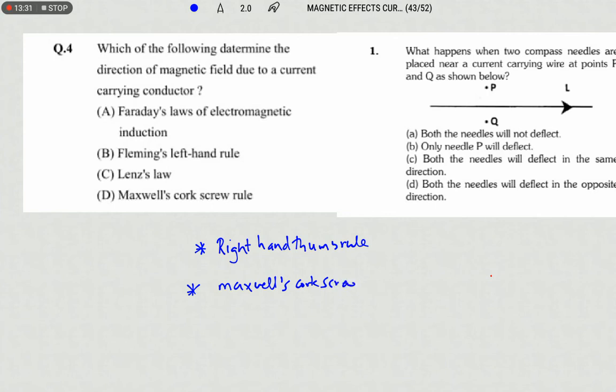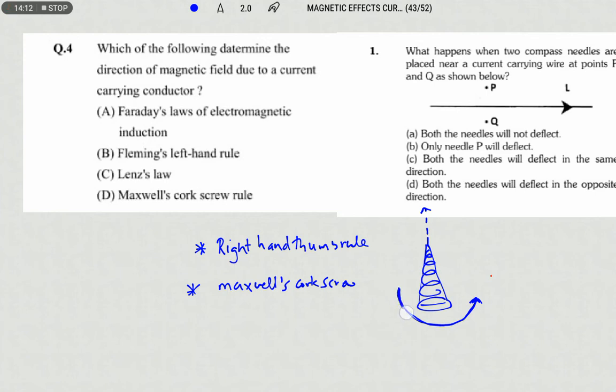According to Maxwell's corkscrew rule, if you take a right-handed screw, that means when you rotate the screw in anti-clockwise direction, that is the meaning of right-handed screw. The screw has a number of threads on it. As we are rotating the screw in anti-clockwise direction, the tip of the screw moves in the forward direction. This also helps to find the direction of the magnetic field due to a straight current carrying conductor.